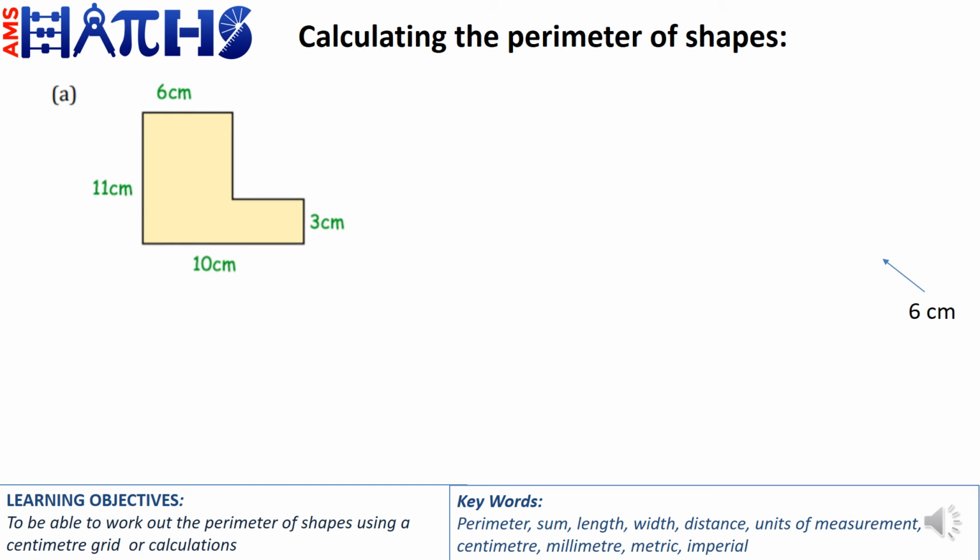Let's work out the perimeter of this compound shape. Now, a compound shape is a shape that can be cut up into other simpler shapes. So looking at this L shape or compound shape, it can be cut up into two rectangles.